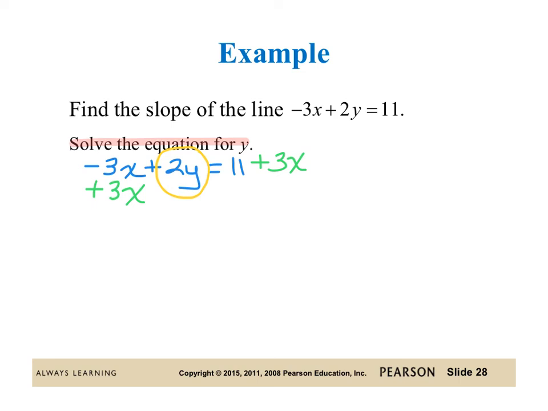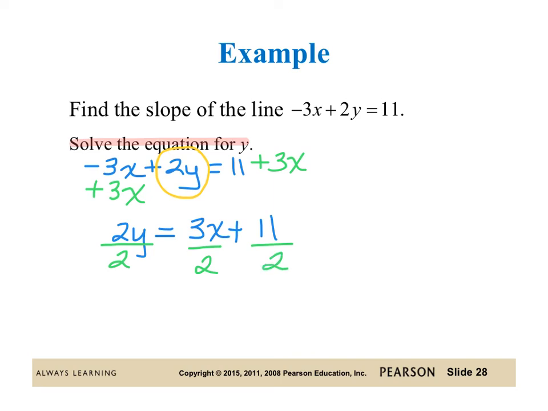So now we have 2y equals, and just because I want the x term to come first, I'm going to say 3x plus 11, because arithmetic is commutative. And then because I need to get rid of that 2, I'm going to divide both sides, every single term, by 2.